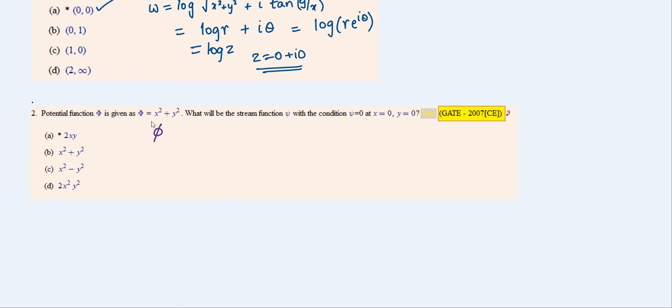So let us do this. Dou phi by dou x is 2x, and dou phi by dou y is 2y.